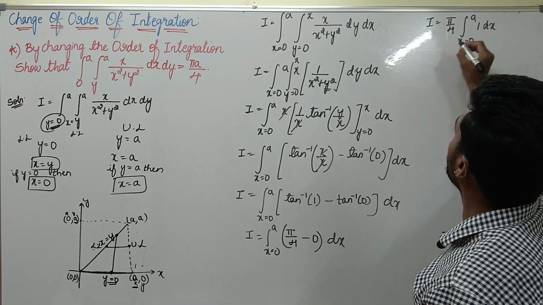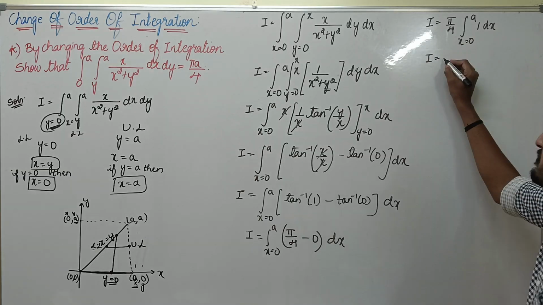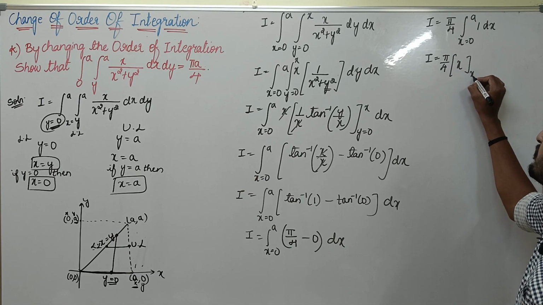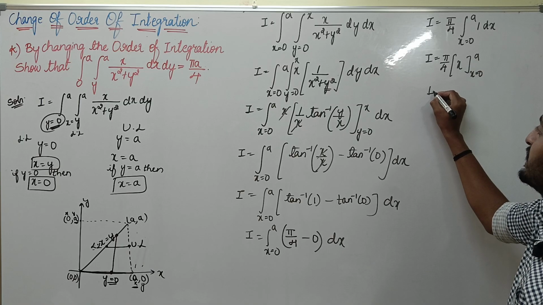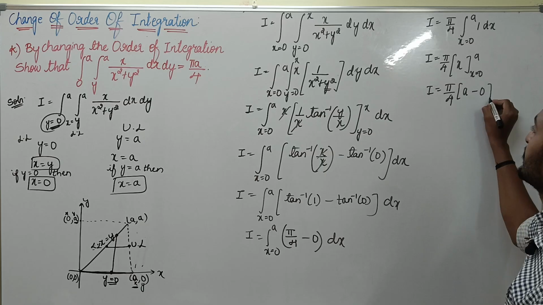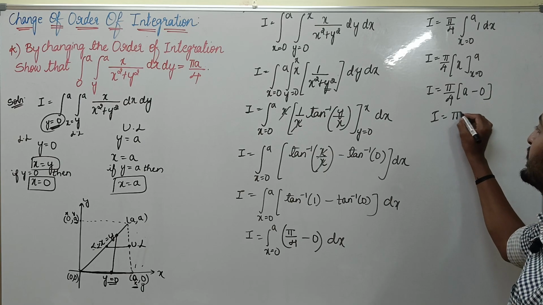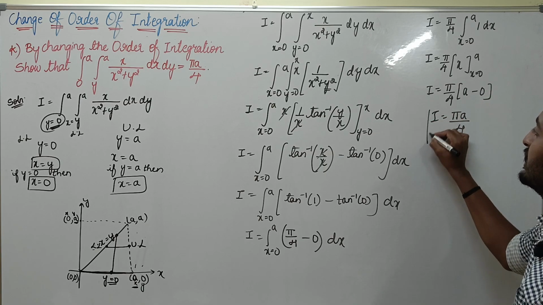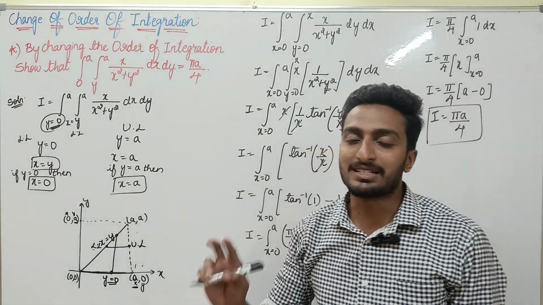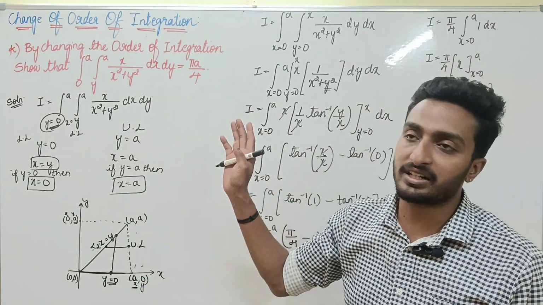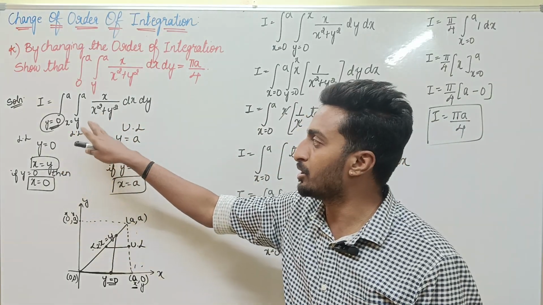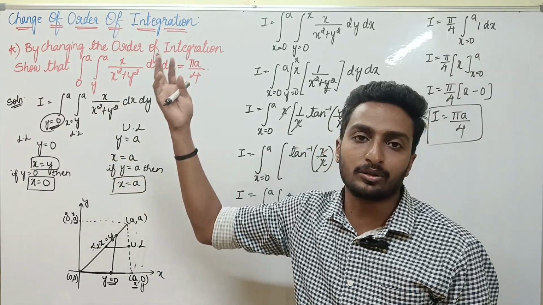Integration of 1 with respect to dx gives pi by 4 into x, limits from 0 to a. I is equal to pi by 4 into a minus 0, so I is equal to pi a by 4. This is the required solution for the given double integral by changing the order of integration, where y varies from 0 to a and x equal to y to a.